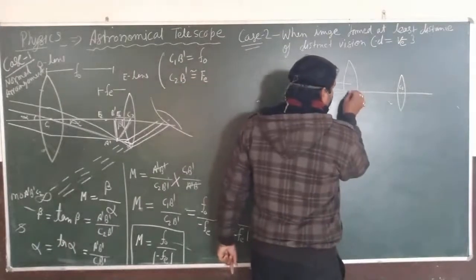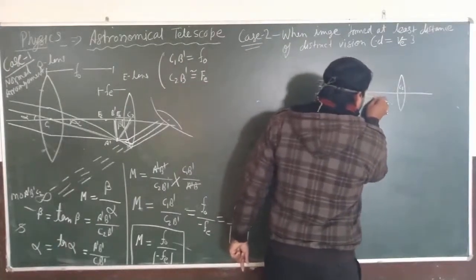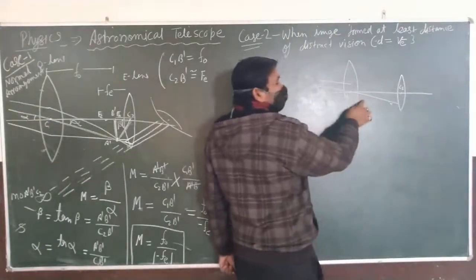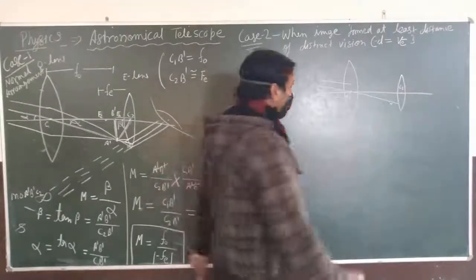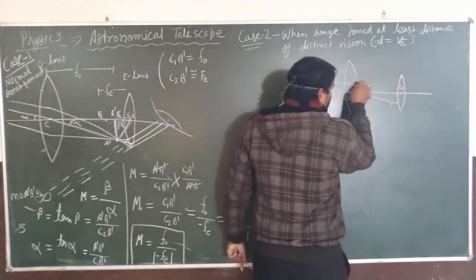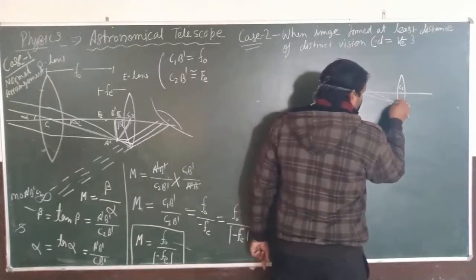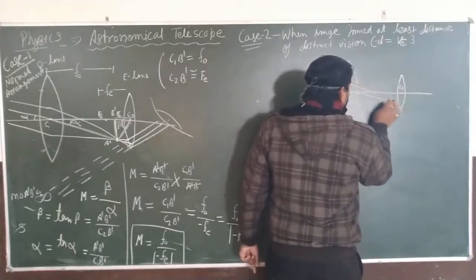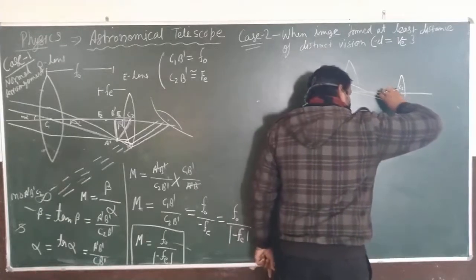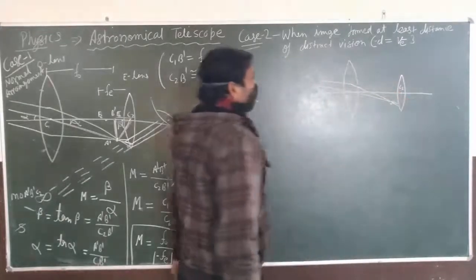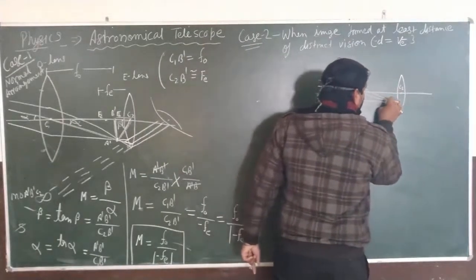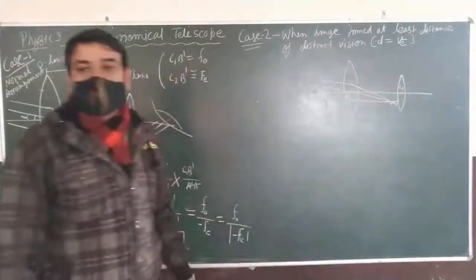Then after refraction, one ray which is traveling without deviation because it is passing from the optical center as per rule, one which is parallel to it but not passing from the center, okay, then it will be passing from this point, and the another ray is also traveling from the same point.